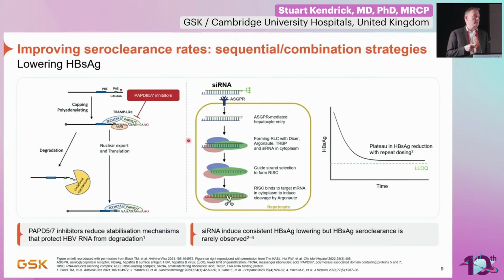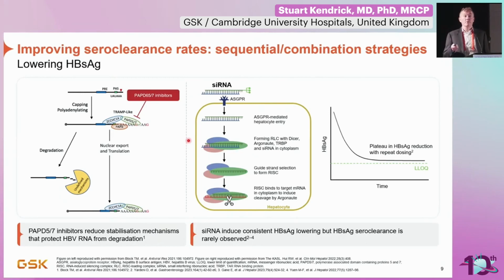We know that PAPD5/7 inhibitors have had toxicity challenges, which make them unlikely to be successful for long-term dosing. But if they were part of a short-term regimen in combination or before or after Bepirovirsen, then maybe they have the possibility to add some extra effect.